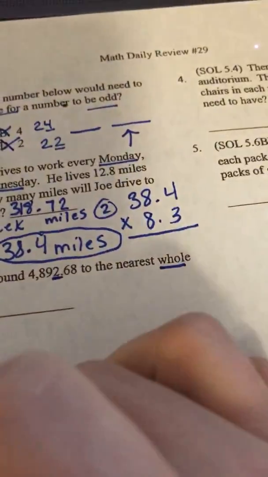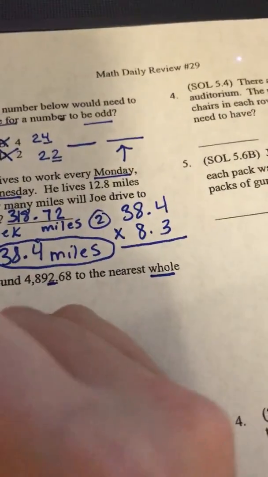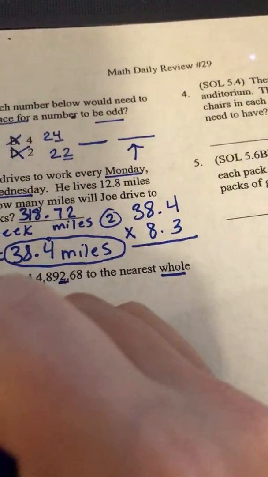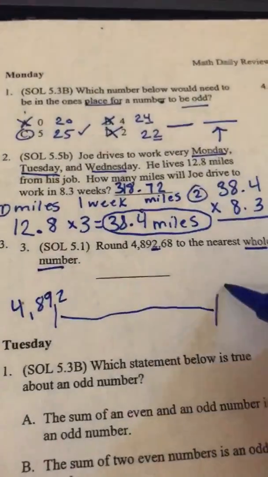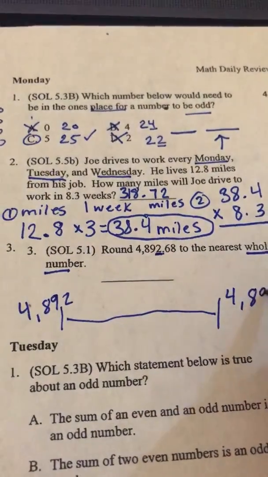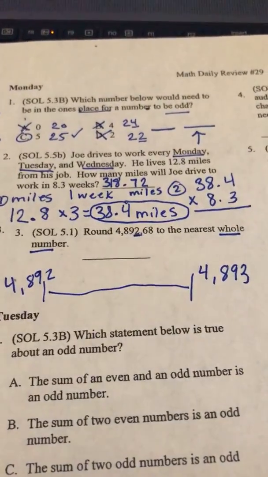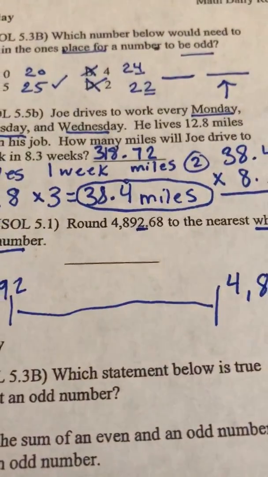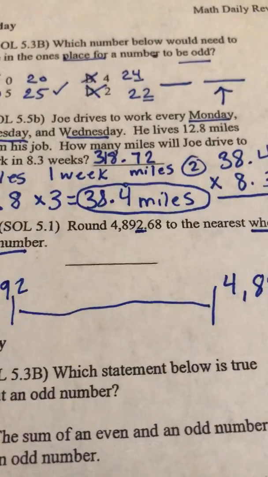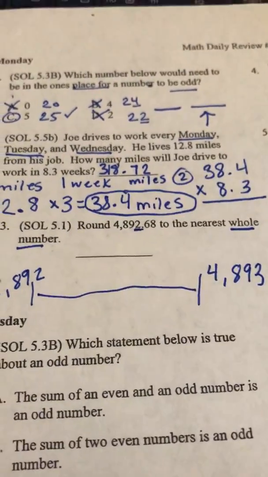So let's think about it on a number line. I've got 4,892 here, 4,893 here. Those are our two whole numbers. Now, you can think about this problem like money, like having $4,892.68.